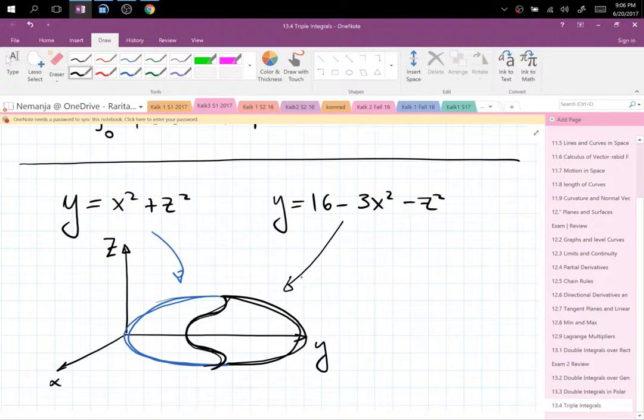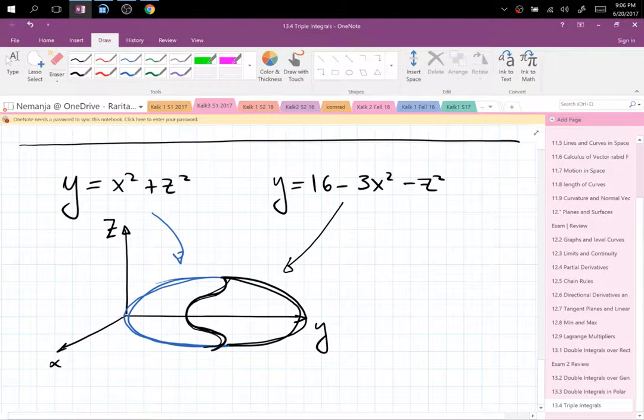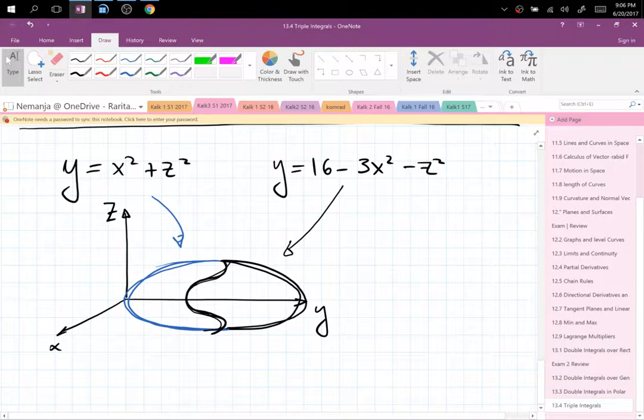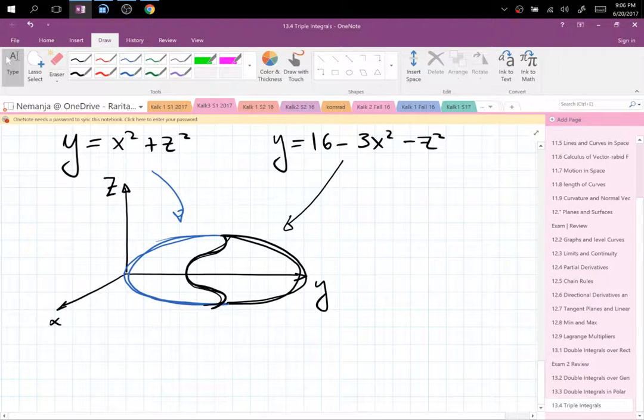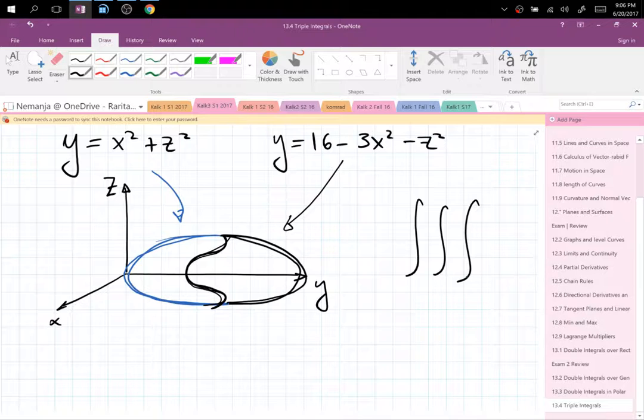So now, what is the issue here? First of all, when I am setting integrals up, I need the triple. I need to figure out which one is the one that will carry functions.